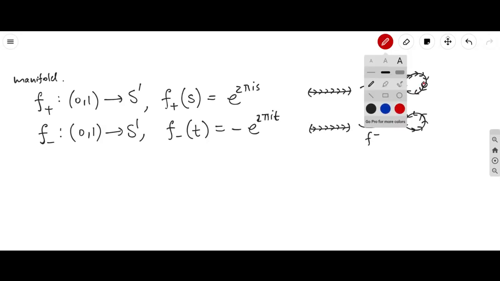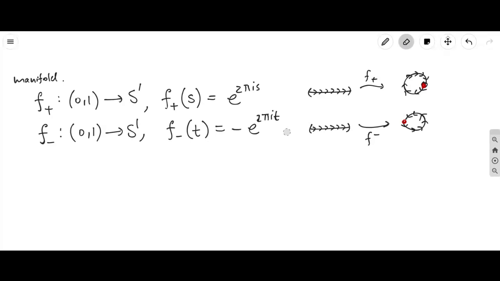So that's the other missing point. This chart's image is everything minus that point, and this chart's image is everything minus the other point, and you can see that these two open sets completely cover the circle, and these are homeomorphisms and all of that. We saw this example from the second to previous class when we talked about smooth manifolds.